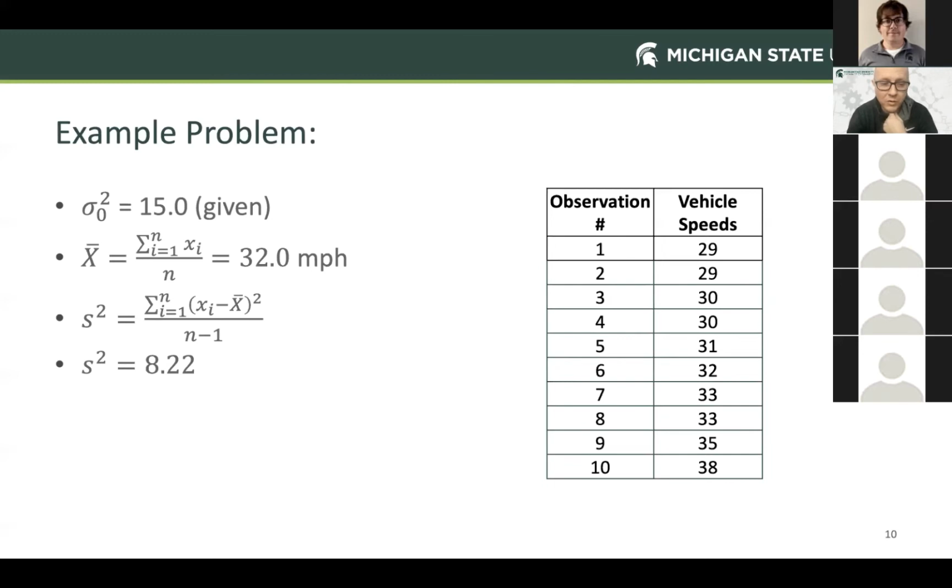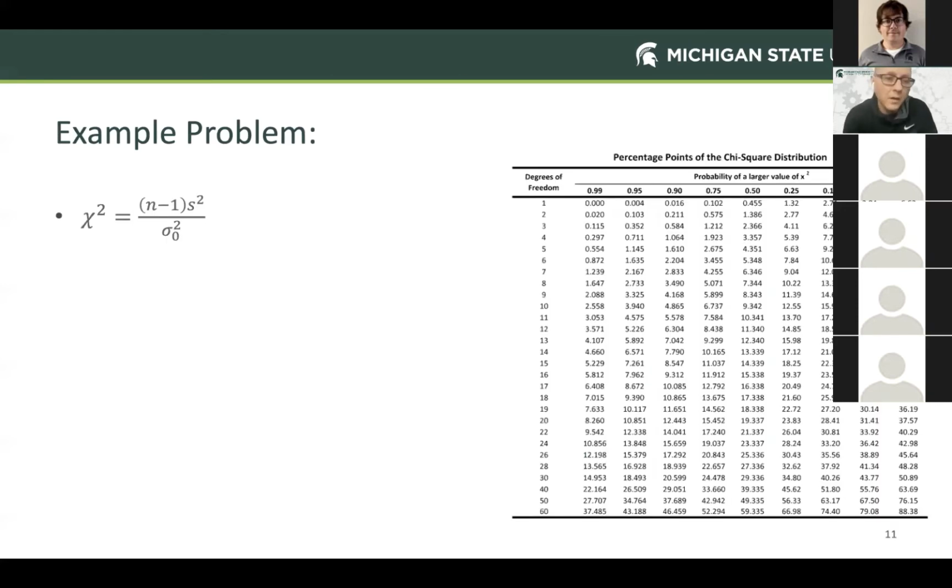Now the question is whether or not that 8.22 is significantly different from the 15 that we're comparing it against. We use the chi-squared test to conduct that assessment, okay? Again, real simple and straightforward here.